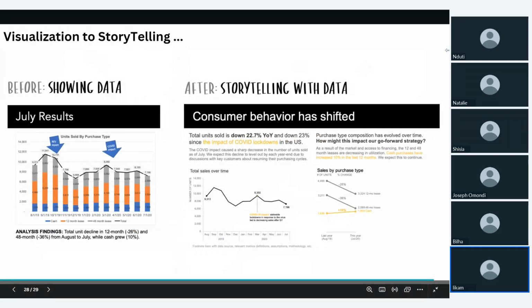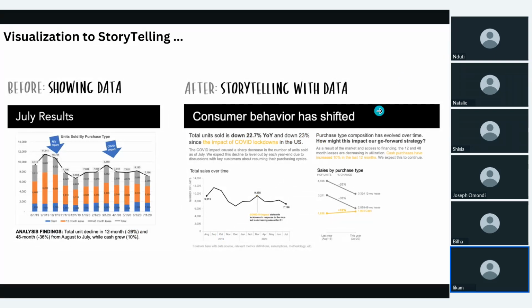Same information, same data. But what do you think will bring about change? What do you want to see even before you present? What would you rather meet as a slide that someone is sharing with you? Just look at this transition. From the clutter of trying to have everything on one graph, to separating, isolating, annotating, and utilizing customer behavior.